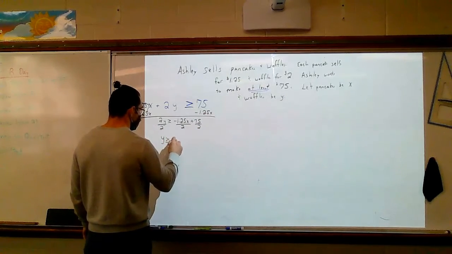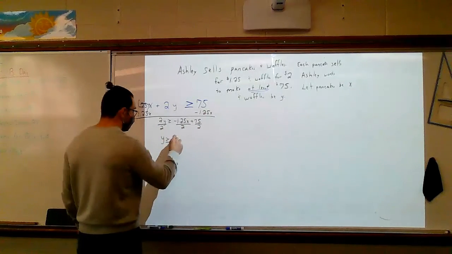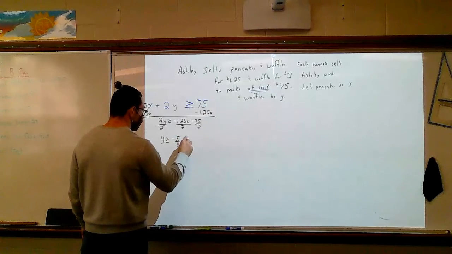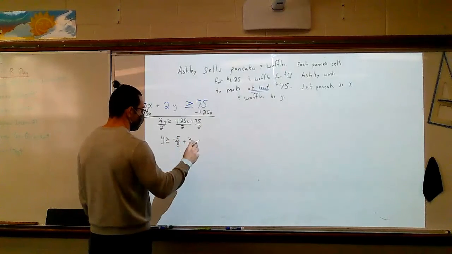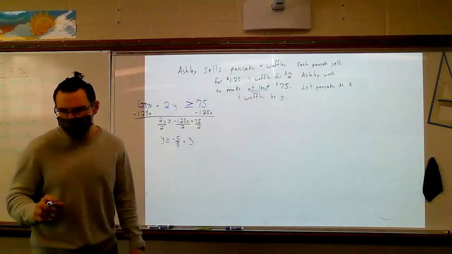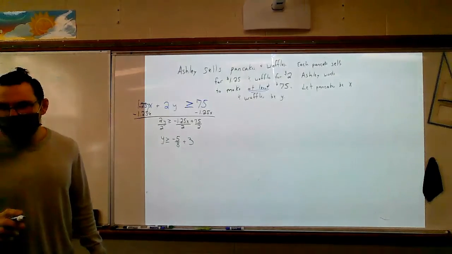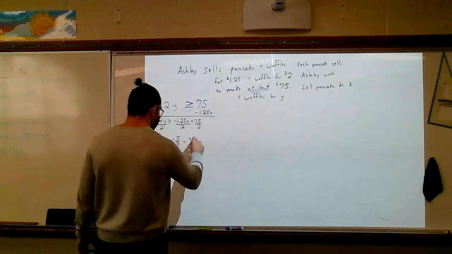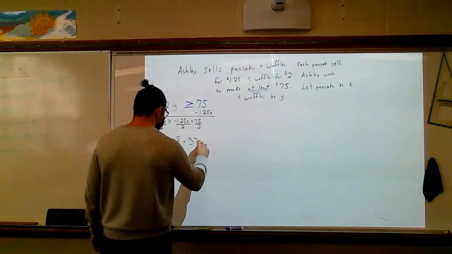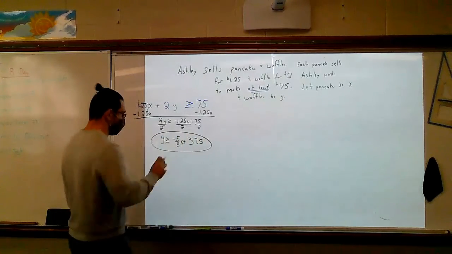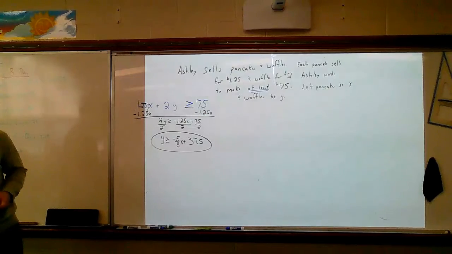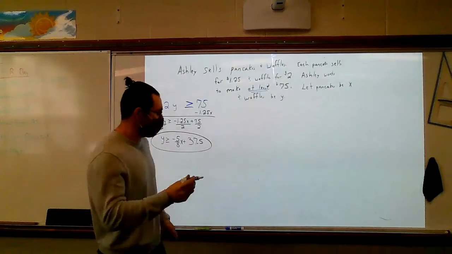Y is greater than or equal to, and I believe that simplifies down to negative 5/8 x plus 37.5. What is that going to be? 75 divided by 2? 37.5? Yes? I'm not going to change that to a fraction, and I'll explain why. So that's slope-intercept form. That's what we're going to end up graphing.